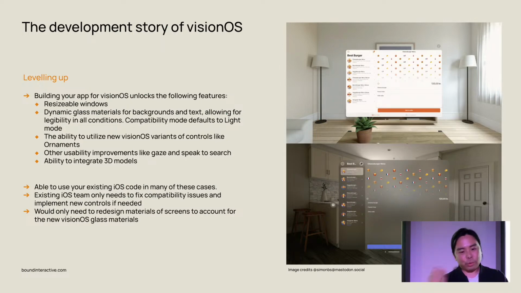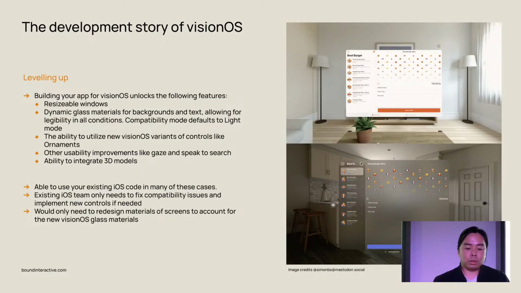It's a lot more fluid like that. There are also specific UI elements that are only available in visionOS, like ornaments, which are floating toolbars and similar things. And of course, being able to integrate 3D models in volumes and spaces.